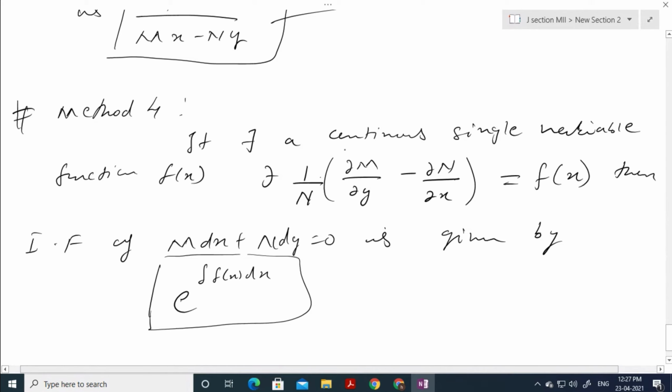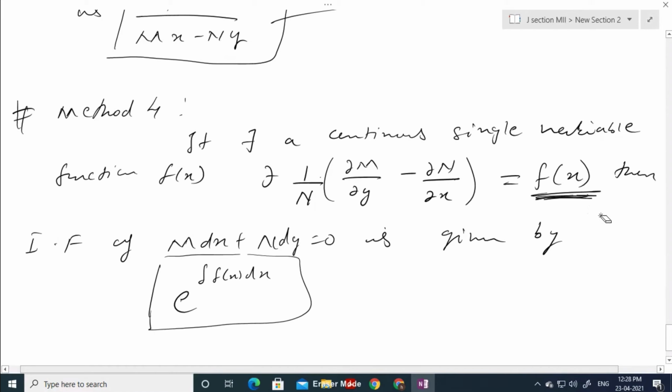What you need to do is check whether this is exact or not. For that, you already calculated dou M by dou y and dou N by dou x. Subtract them and multiply with 1 by N, or divide this whole term by N. On solving this, you should get f of x, that means a function purely in terms of the x variable. You can have a constant also. Suppose I get 2; 2 means 2 into x to the power 0.